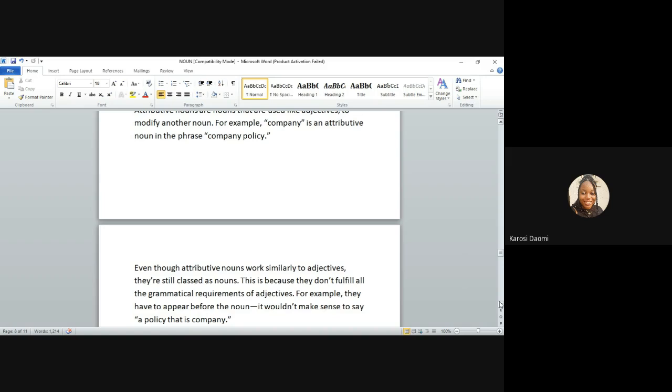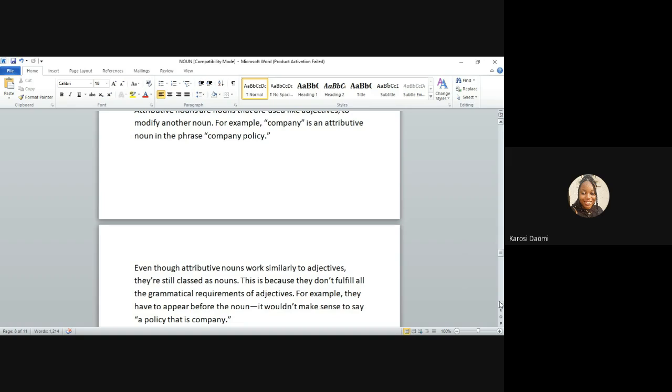An adjective can appear anywhere in the sentence and it will still qualify or modify that particular noun. But an attributive noun has to come before the other noun that it's modifying. For example, company policy. I can't say policy company.